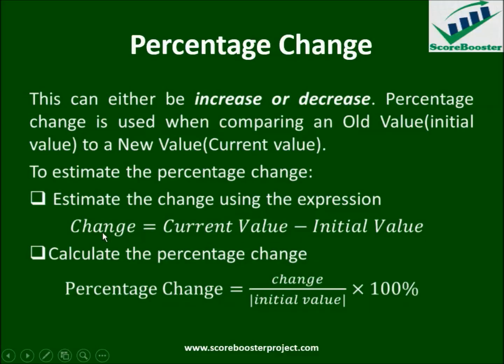Now, after calculating the change, you then calculate the percentage change using the expression: percentage change equals change divided by the absolute value of the initial value times 100%. The absolute value here indicates that the denominator will be positive, regardless of whether the sign of the initial value is positive or negative.